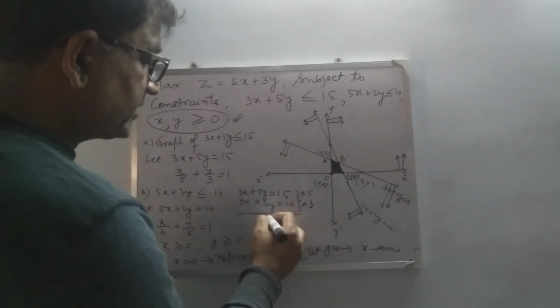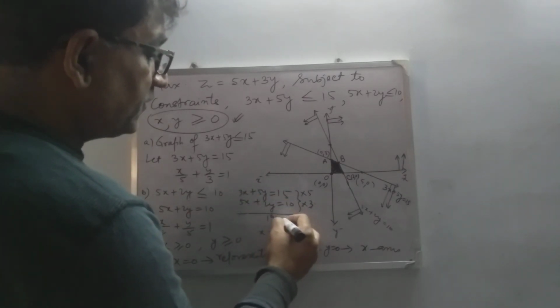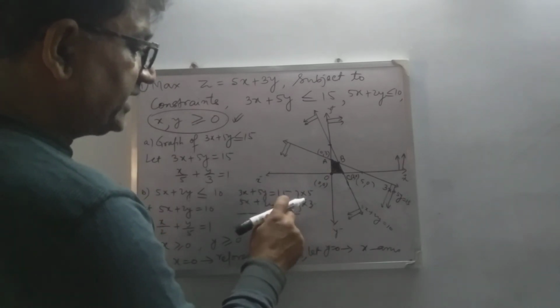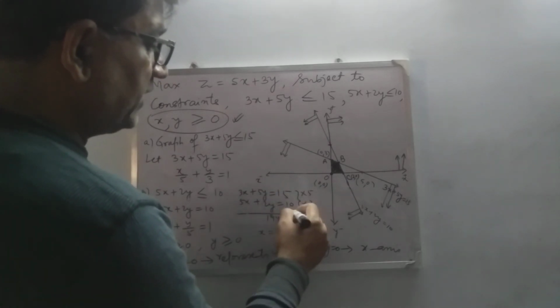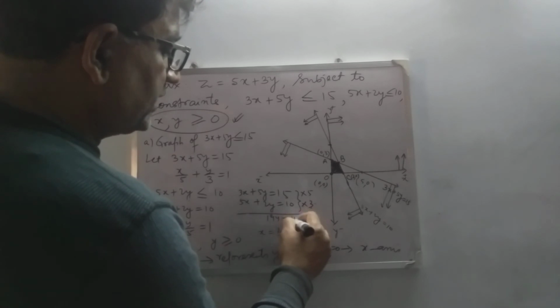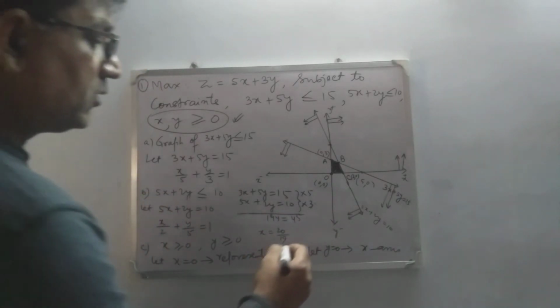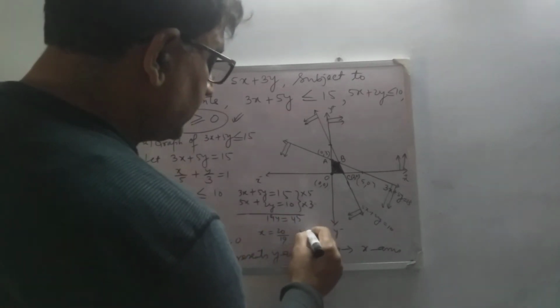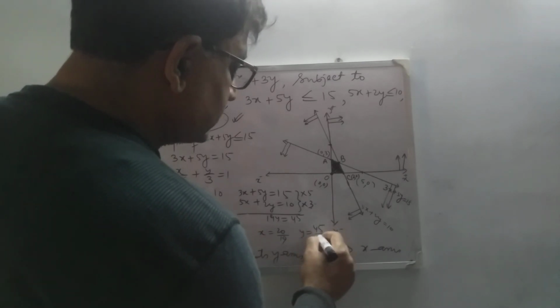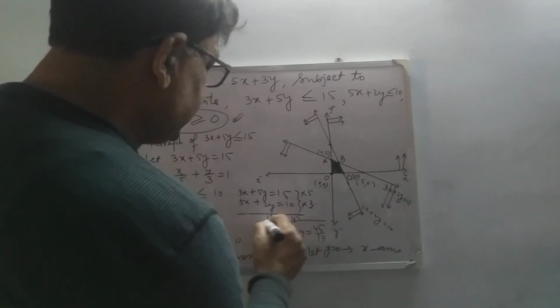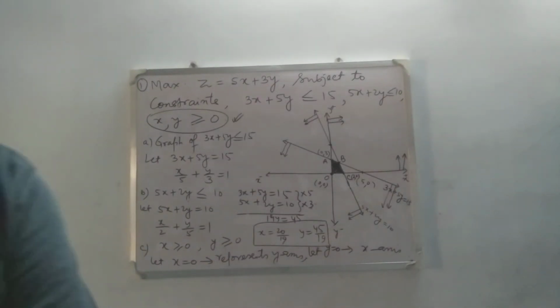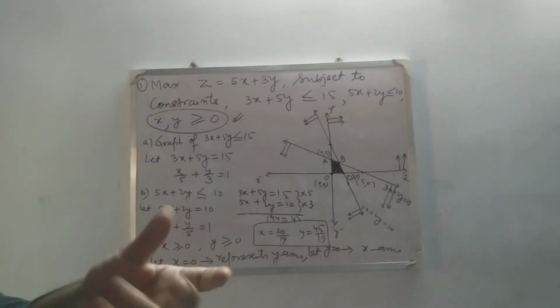So 25 minus 6, that is 19y, is equal to 75 minus 30, that is 45. So y is equal to 45 by 19. Boys, just try to check these calculations.